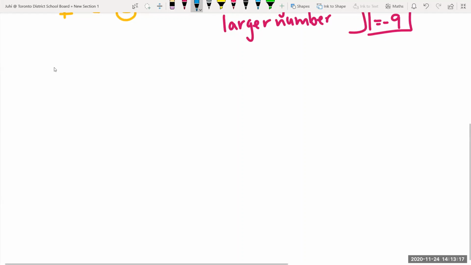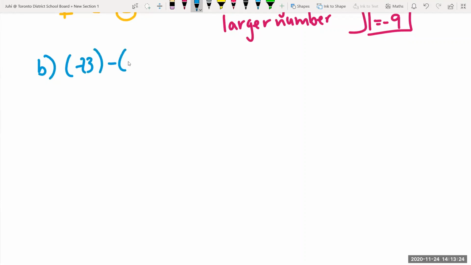Let's say you have something like, this is question B from your homework, -23 minus -13. Okay, so I know you guys laughed, but yesterday I started talking about illegal numbers. So right here we have what I call an illegal number, because you are not allowed to have double negatives like this. So what are we going to do?